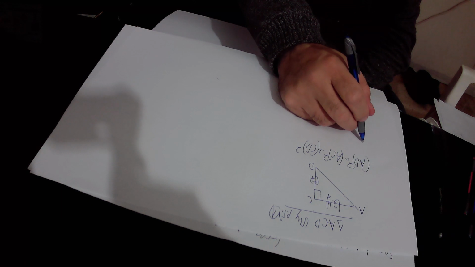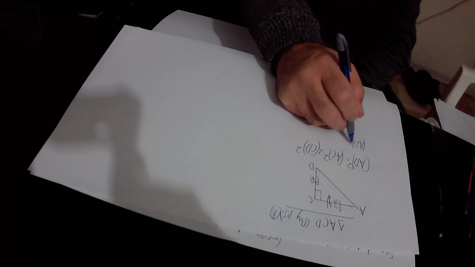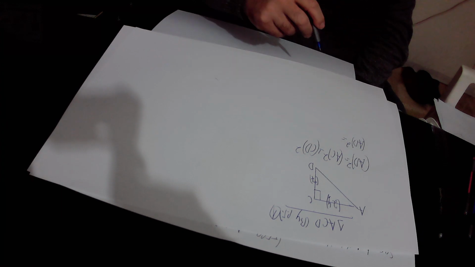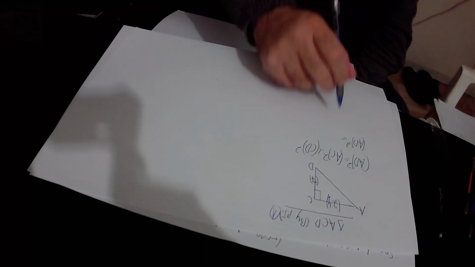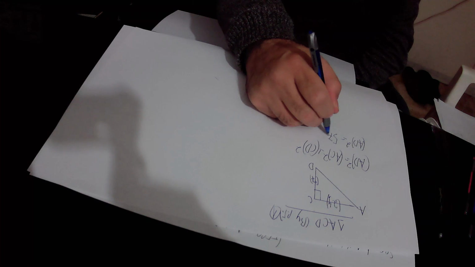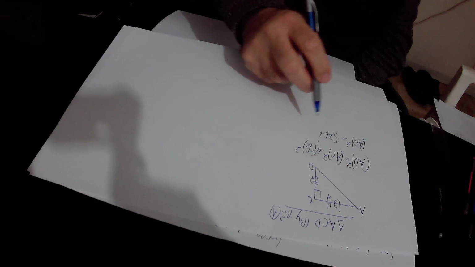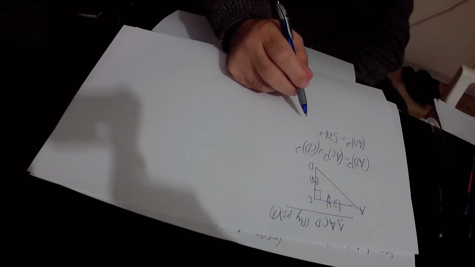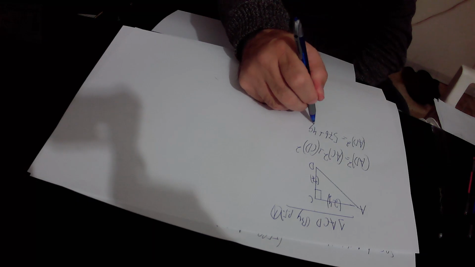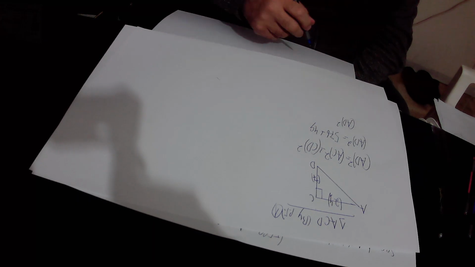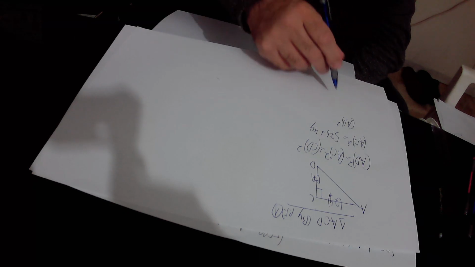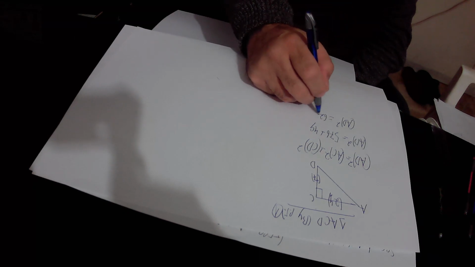So AD square equals AC square. AC is 24, therefore AC square is 24 square, that is 576, plus CD square. CD is 7, therefore CD square is 7 square, that is 49. So in total AD square equals 576 plus 49 equals 625.